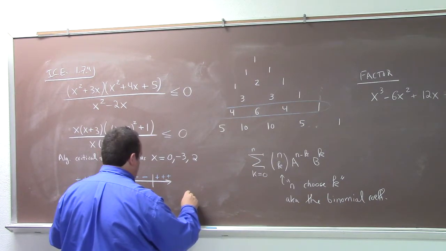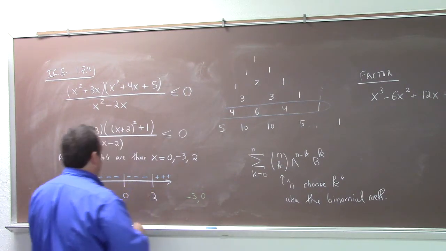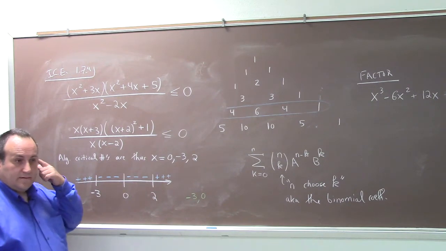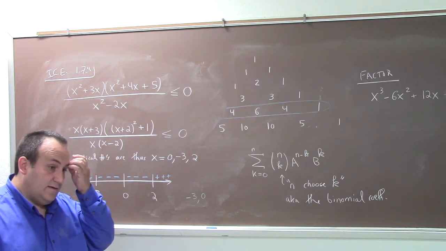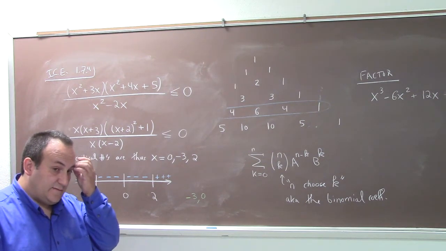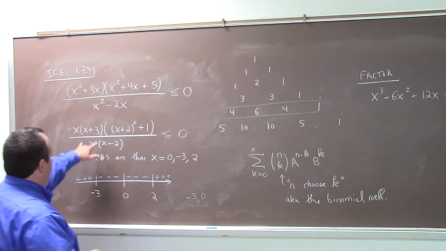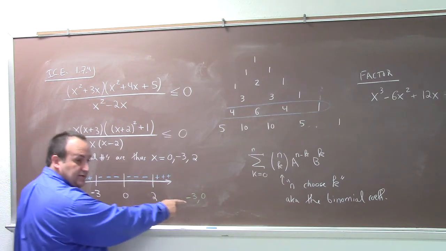So we should do minus 3 to 0. Now my question's a little bit harder. Is minus 3 included or excluded? Does it give you less than or equal to 0 for this expression? Yes, it makes the numerator 0, it gives you 0, so we can include minus 3.